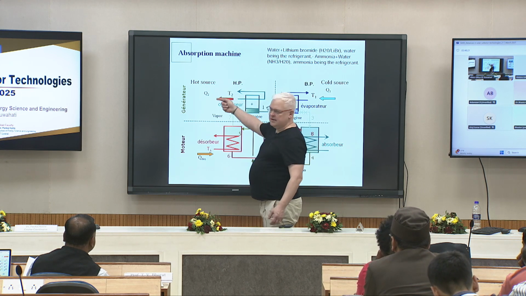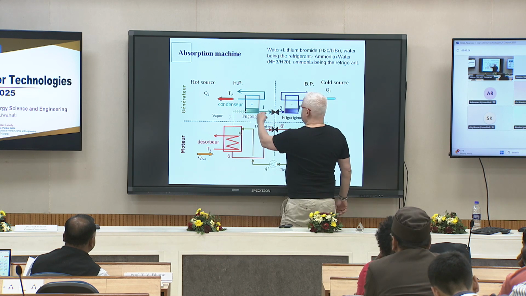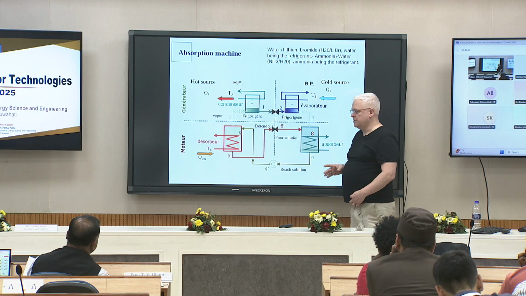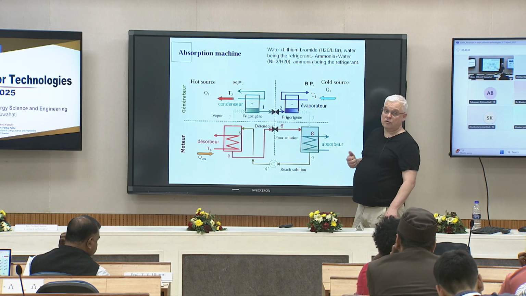The condensation releases a part of the heat. Then you have the expansion valve. You go to the evaporator. This takes a part of it, like in a classical heat pump, and it is here that you are generating the cool. Then the liquid is injected, combined with the pure solution when it was separate, and then comes back to the desorber, and so on. So this is the principle of this adsorption or absorption machine.